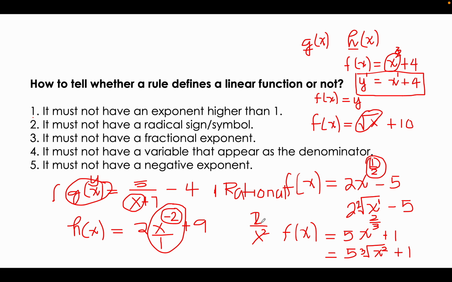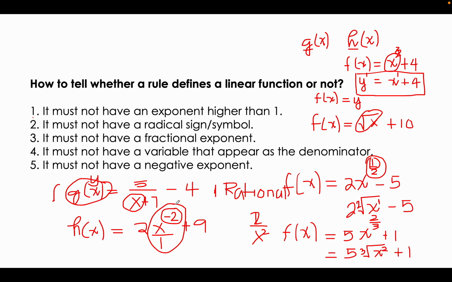So, that means kung positive exponent siya, as long as it is not a fraction, meaning linear siya. Do you follow? So, again, I would like to emphasize this. We can have any positive numbers as exponent, so it would still be a linear function, except that it is a fractional exponent. Okay? Maliban lang kung fractional exponent siya, hindi siya linear.